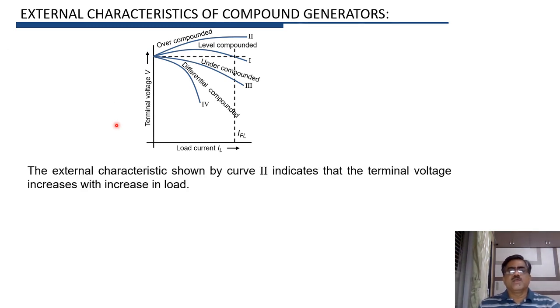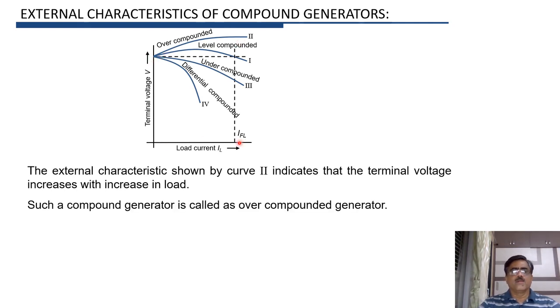Now see the characteristic shown by curve 2. Now in this case, the voltage at full load is greater than the terminal voltage at no load. Means the terminal voltage increases with increase in load.